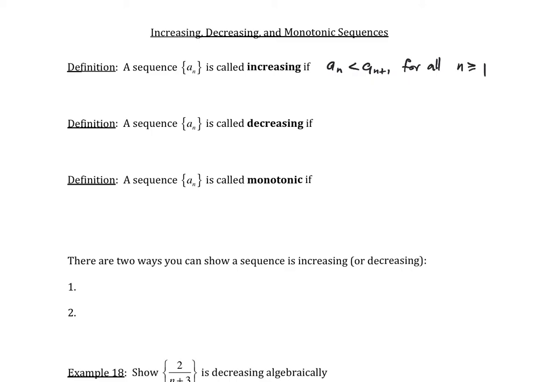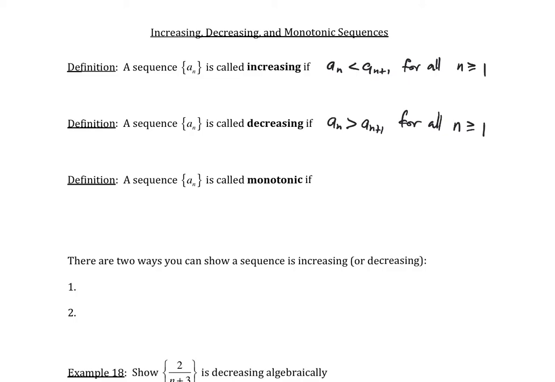Okay, that's increasing. A sequence is called decreasing if the opposite occurs. So if a_n is greater than a_(n+1) for all n greater than or equal to 1.